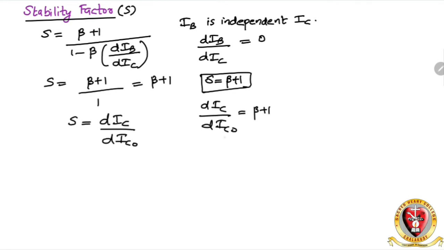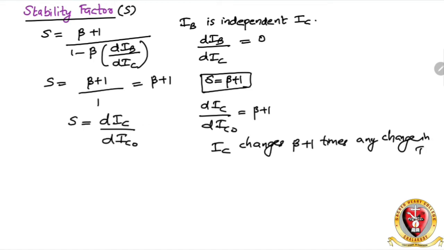So this means that IC changes beta plus 1 times any change in ICO. That means here dIC is equal to (beta plus 1) into dICO.